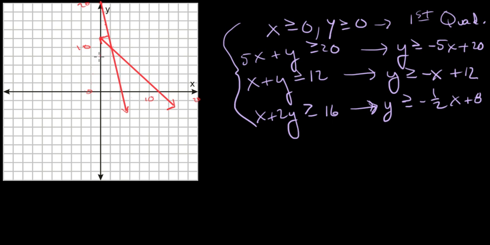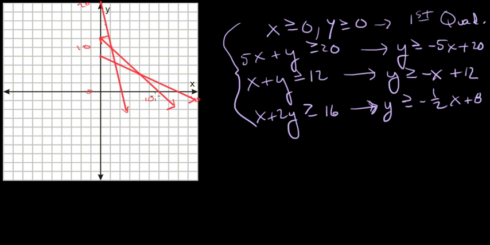So here's my y-intercept plus 8. Negative 1/2 means I go down 1 and to the right 2. Or I can go down 2 and to the right 4. And so there's my line starting point here, and I don't like that, so I'm going to start over again. Starting point here, and there's my line right there.